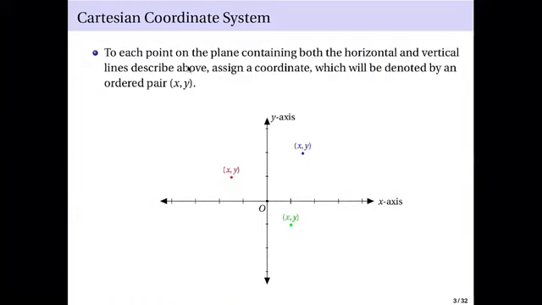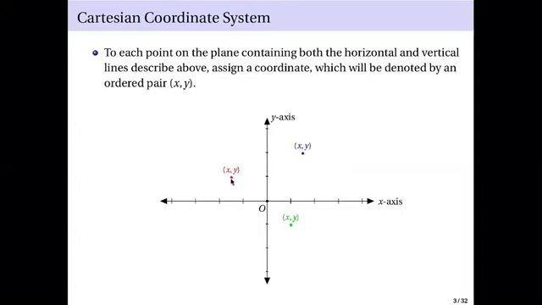Now, to each point on the plane containing both the horizontal and vertical lines described, we assign a coordinate, which we denote by an ordered pair x comma y. So for example, if we look at this point, it's just denoted as x comma y.